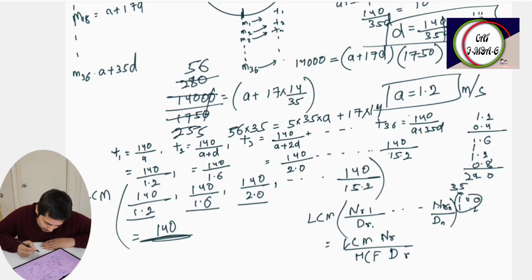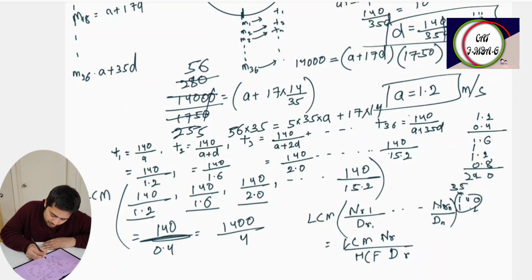These are all multiples of 0.4. So 0.4 into 3 is 1.2, 0.4 into 4 is 1.6, 0.4 into 5 is 2.0. So 140 divided by 0.4 is equal to 350 seconds.